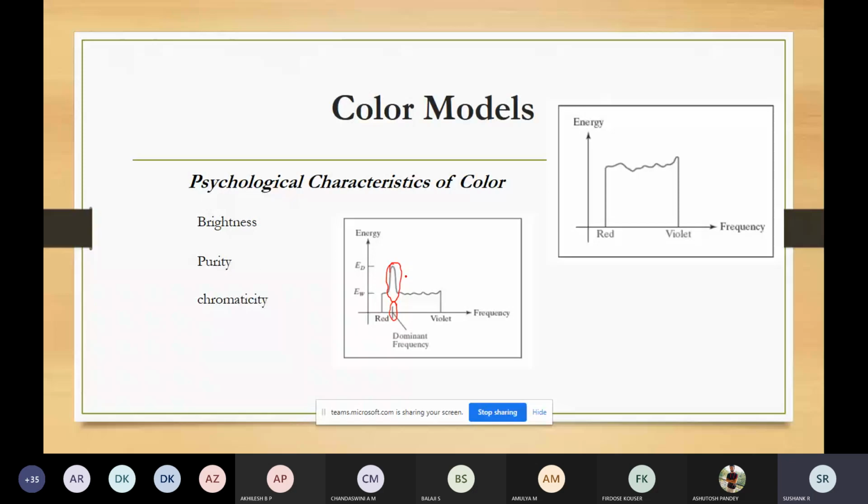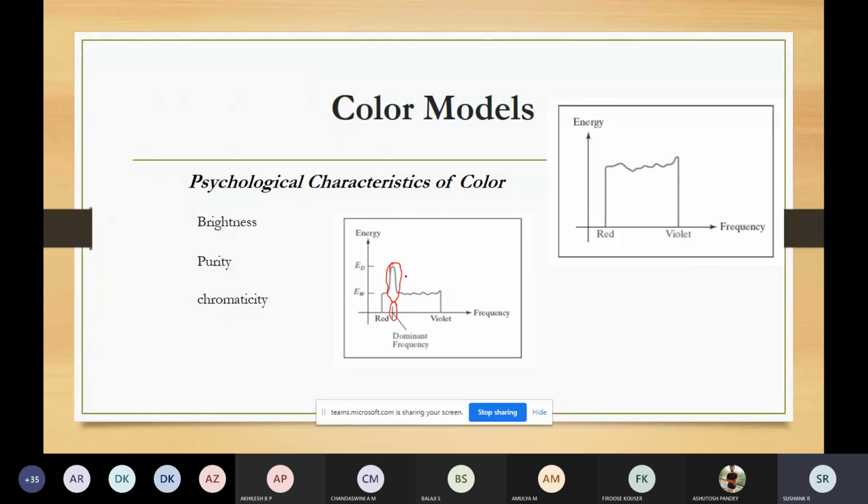So what are the characteristics of the color? Other than this frequency, our eyes will respond to other characteristics of this light. One thing is brightness.